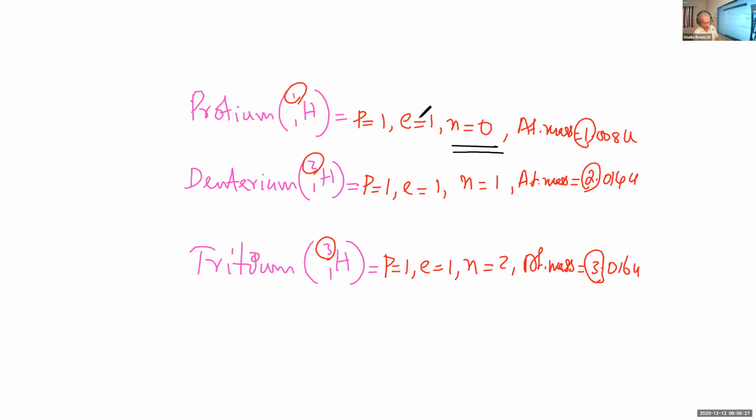Okay, so that's about the isotopes. Now let us think of hydrides. What are hydrides? Okay, what are oxides? Oxides contain oxygen atom.